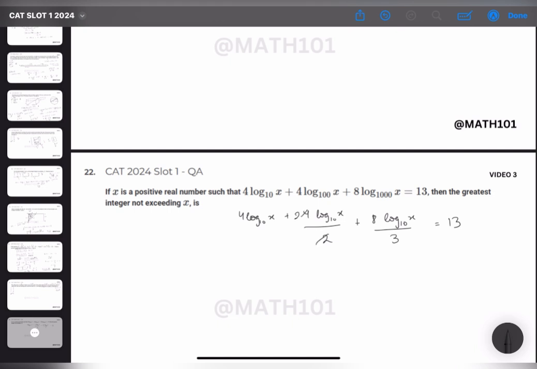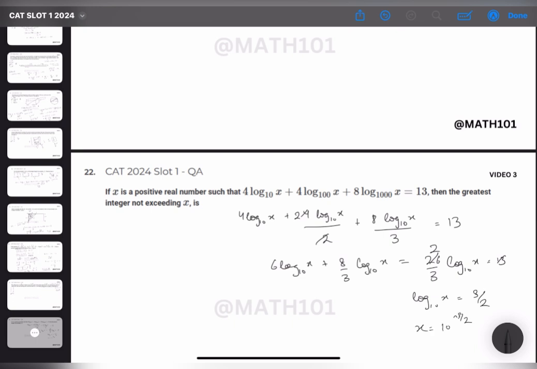So this is 2, so 6 log base 10 x plus 8 by 3 log base 10 x equals 13. 3 into 6 is 18 plus 8, 26 by 3 log base 10 x is equal to 13. So log base 10 x is equal to 3 by 2, x equals 10 to the power of 3 by 2.